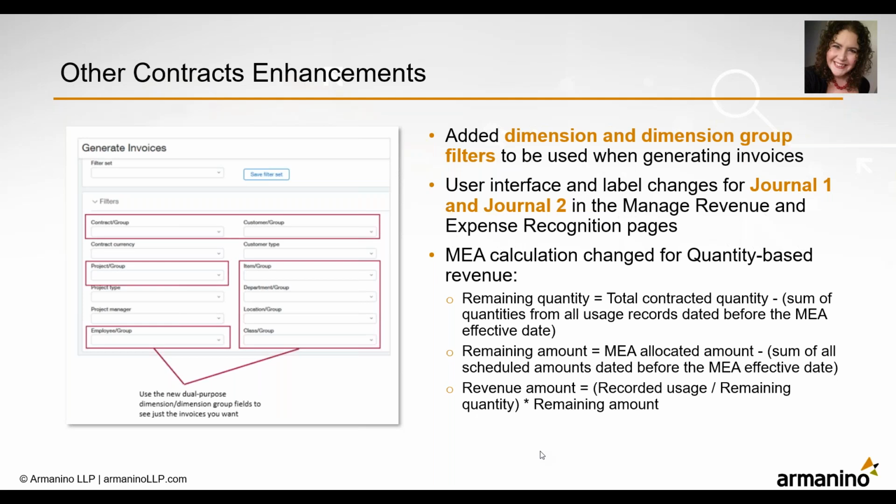Previously, the revenue amount equaled your recorded usage divided by the total contracted quantity multiplied by the MEA revenue allocation. Now it's going to equal the recorded usage divided by the remaining quantity times the remaining amount. So it gives you a more accurate revenue calculation there.